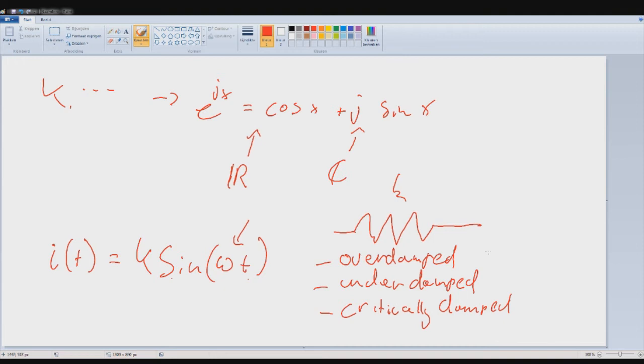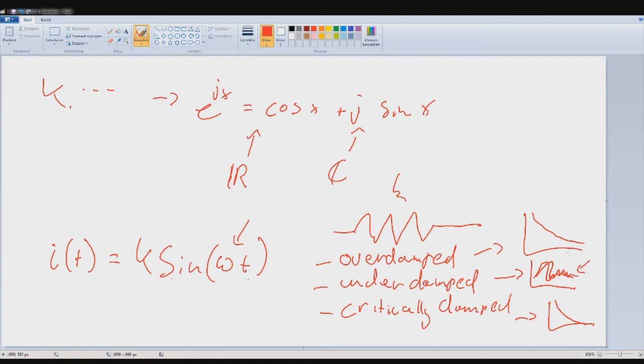And what this means is, overdamped you will have something like this, underdamped you will have something like this, and critically damped you will have something like this. So you can see the difference here.